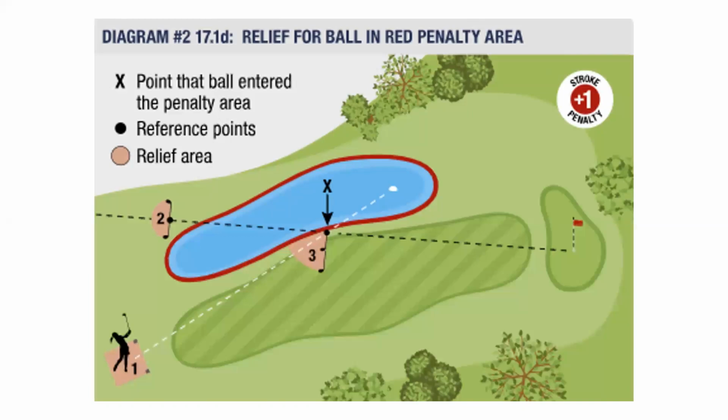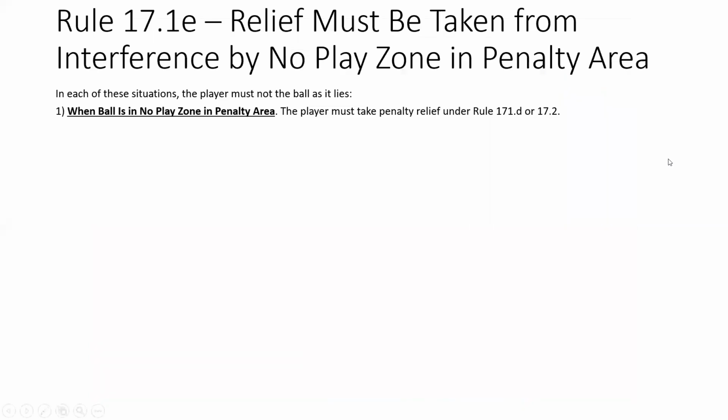All right, let's try to get through a few more slides here. Oh geez, no play zones. All right. So if the ball is in the no play zone in a penalty area, the player has to take relief, no option.